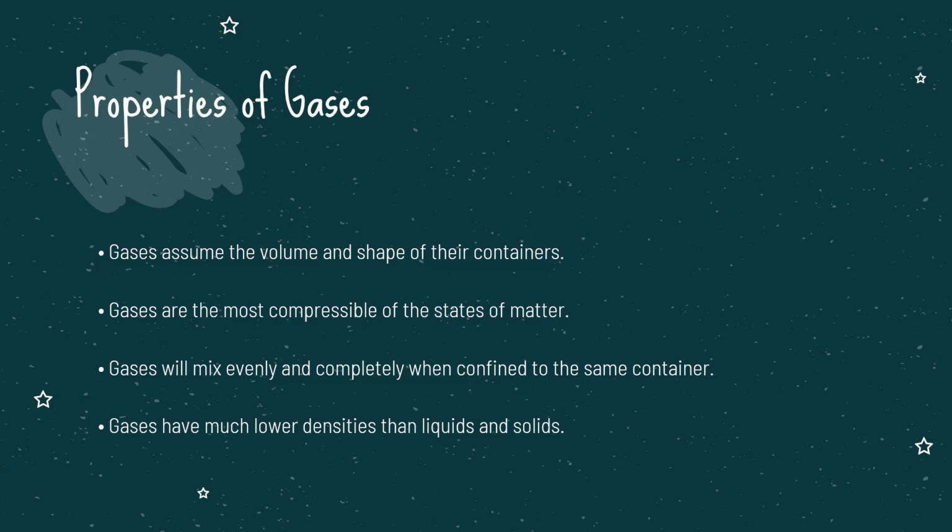They bounce into each other and then bounce off, and the collision takes away the force. So that's why you're not getting penetrated by gas. But they're actually moving very fast around us, so they bump into each other and then they mix very fast. Also, gases have lower densities than liquids or solids.